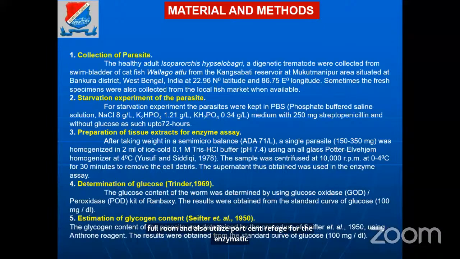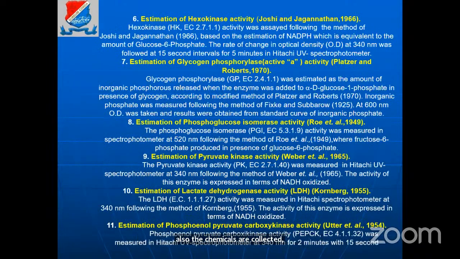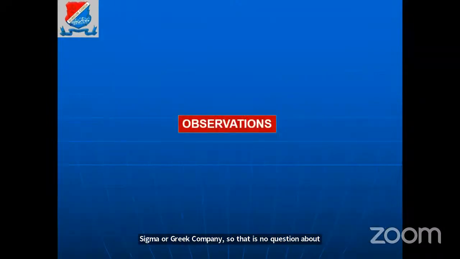We utilized the UV spectrophotometer in the cold room, so there is no degradation of the enzymatic reaction. Also, the chemicals were supplied by Sigma Aldrich company, so there is no question about the authenticity of this research. So what type of observations can we find?